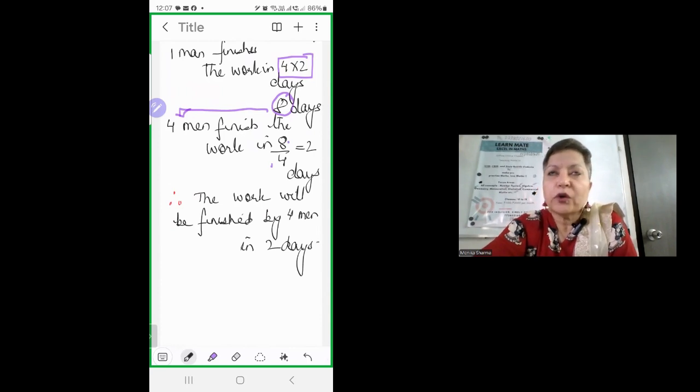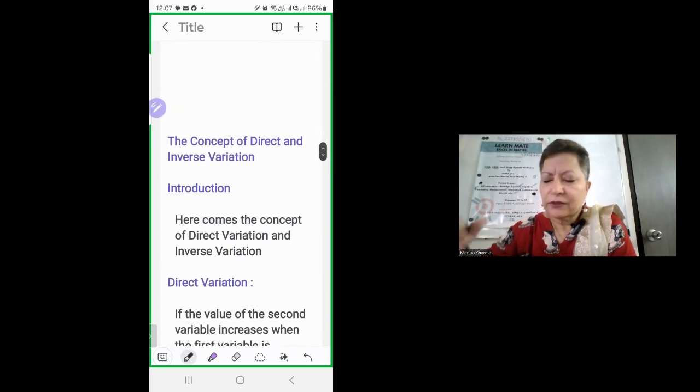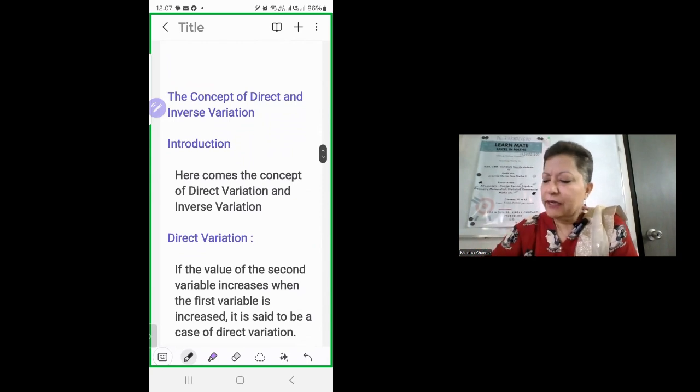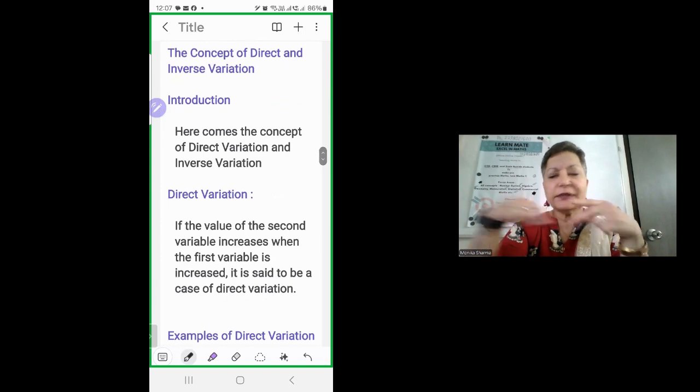So if I was now to introduce the concept of inverse variation and direct variation by way of a definition, let's scroll down to that. So the concept of direct and inverse variation: I've been telling you that there are always two variables.